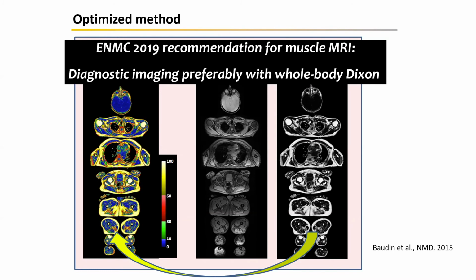There's no cost in examination time. Dixon as well as a T1-weighted whole body in a modern machine can be performed in a maximum of 15 to 20 minutes. So there's no time penalty, and there's a major benefit in terms of your ability to follow your patient subsequently.